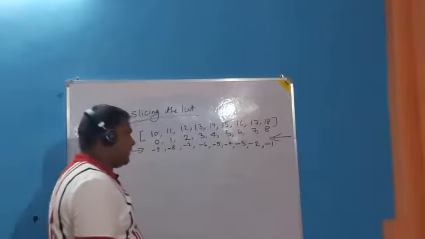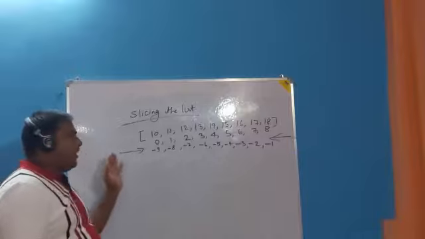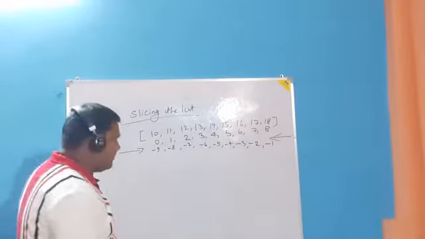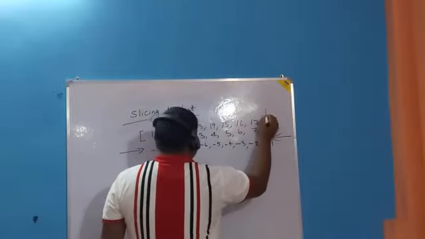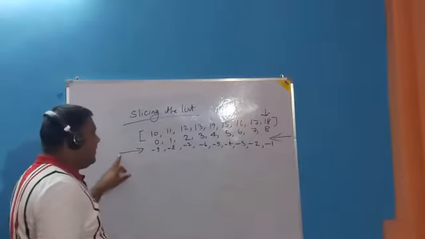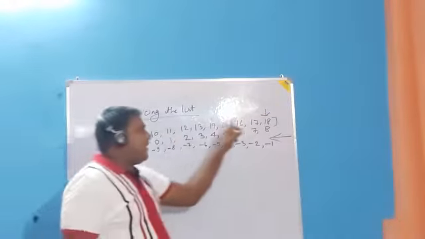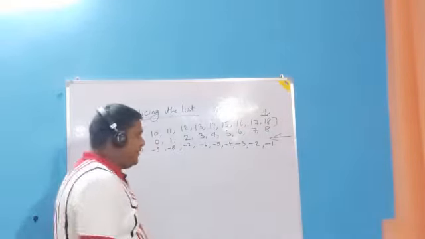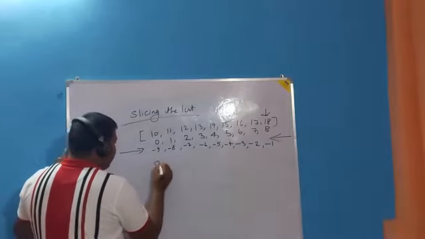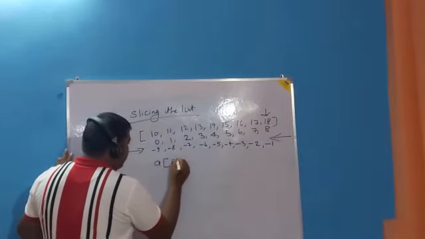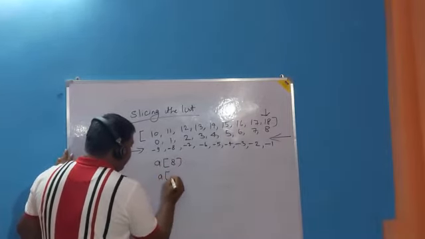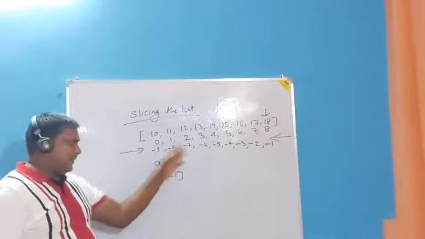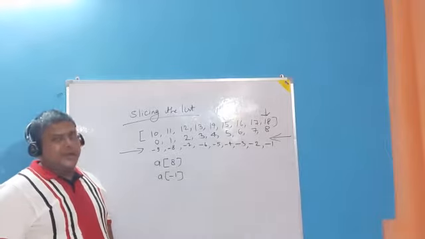By using these indexes we can access any particular item. If we want to access the last element, from the left side it is a of 8, or I can write a of minus 1. By both indexes I can access the element 18.